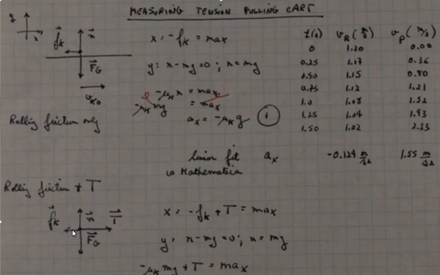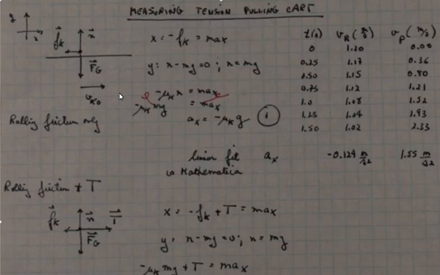The data that we have is, as a function of time, the scenario where the cart is given, first of all, some initial velocity in the x direction without the tension acting on it. So there's only the frictional force opposing the motion. That would be these first two columns here, the velocity as a function of time.